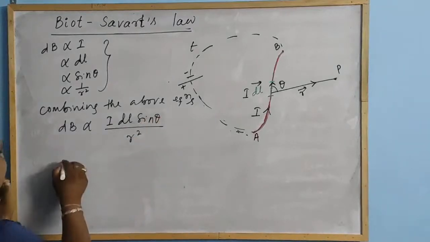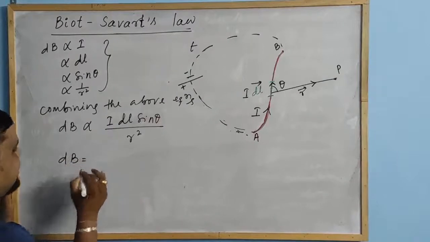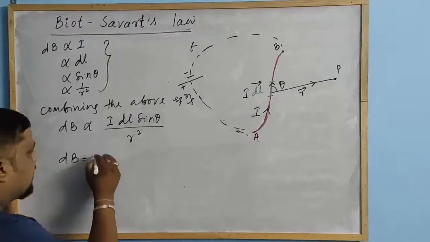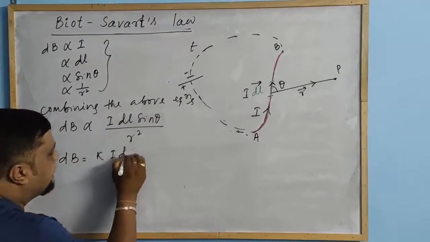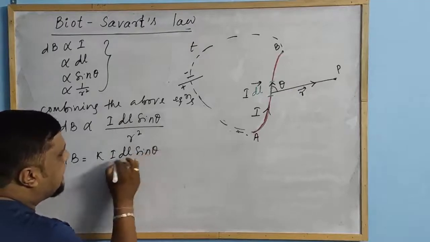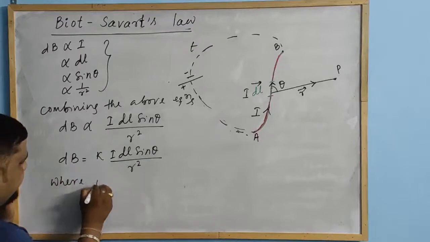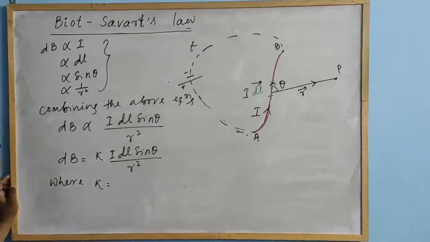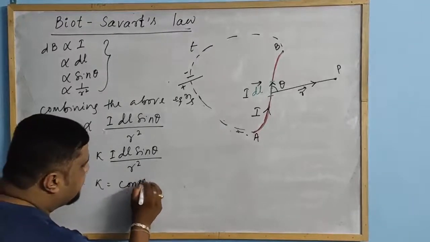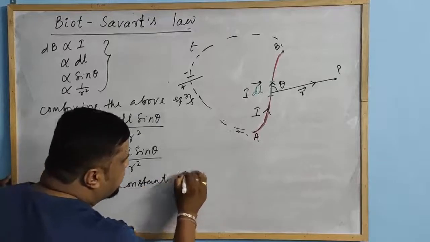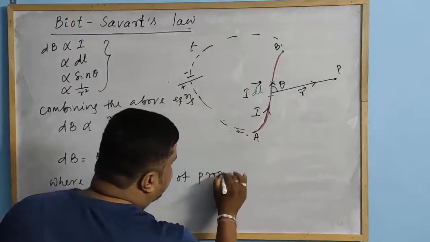If I make this an equality, dB equals k I dl sin theta by r square, where k is the constant of proportionality.